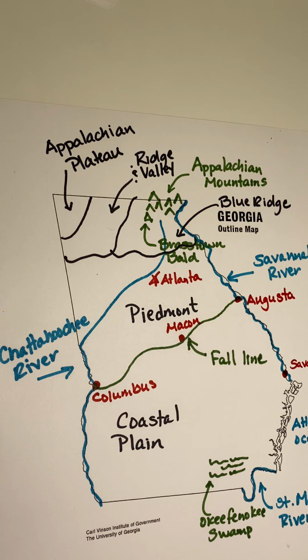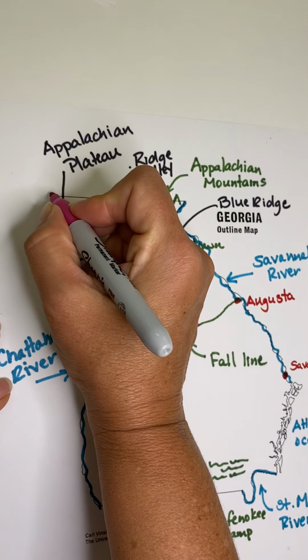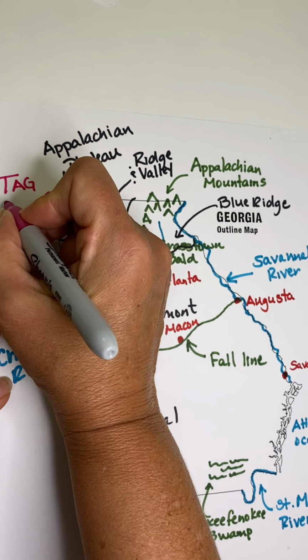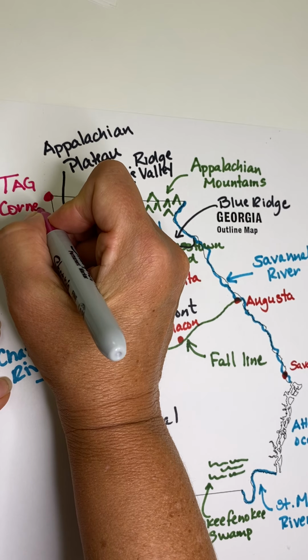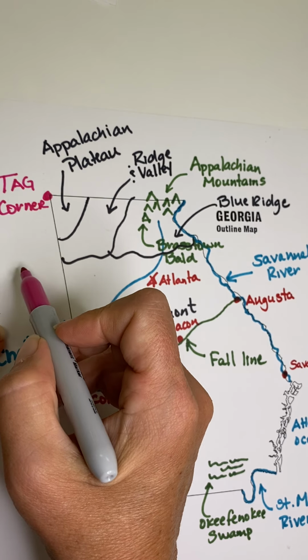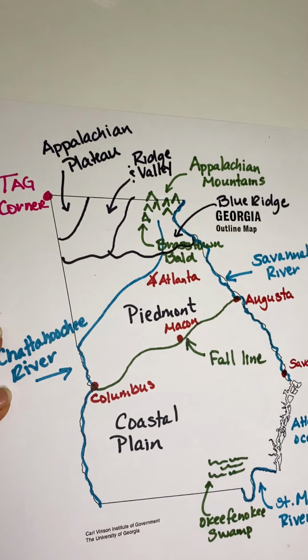Okay, we have 2 more things that we need to put on here, and that is the tag corner up there where we began. I'm going to do the tag corner in pink. So we need to know that that's the intersection of Alabama, Tennessee, and Georgia.